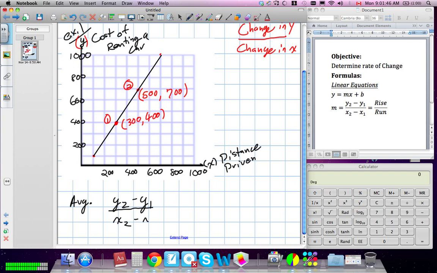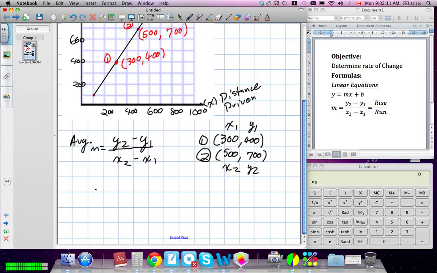My first point, which was 300 and 400. And I'm going to call that my x1 and y1, just so I know what to plug in. My second point will be 500 and 700. x2 and y2.